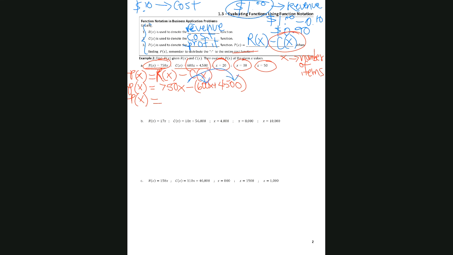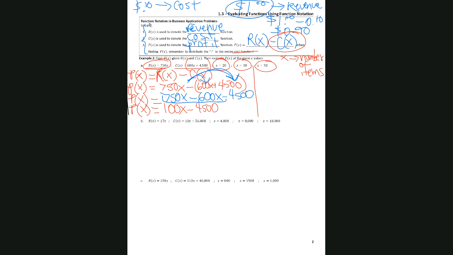So we're going to have 750x, then minus 600x, and then negative times 4,500, so it will be minus 4,500. Now we can combine like terms, our x terms, and that will give us the profit function of 100x minus 4,500.